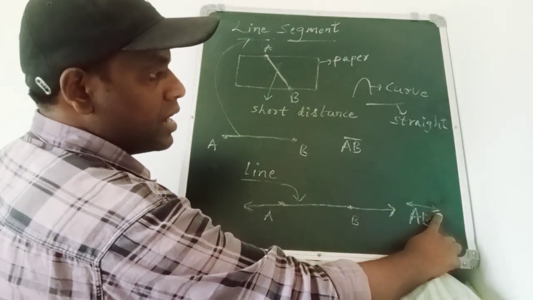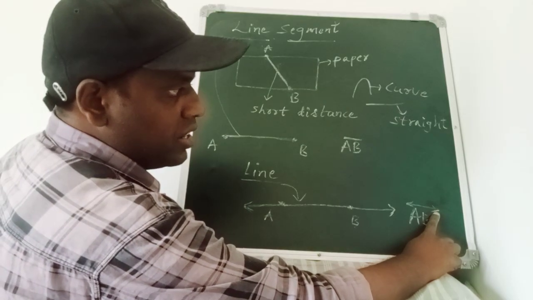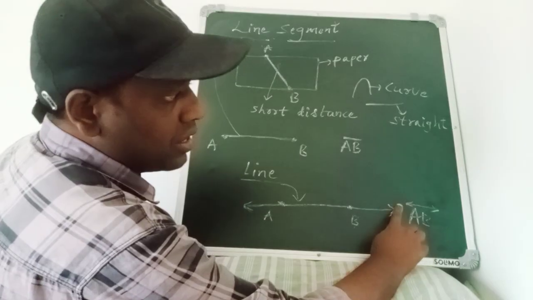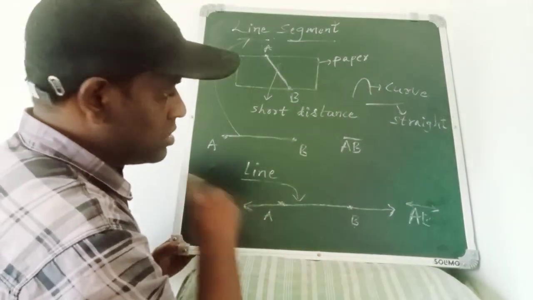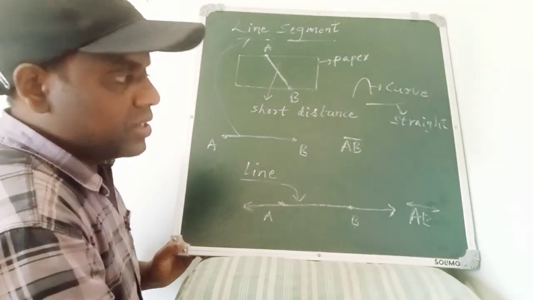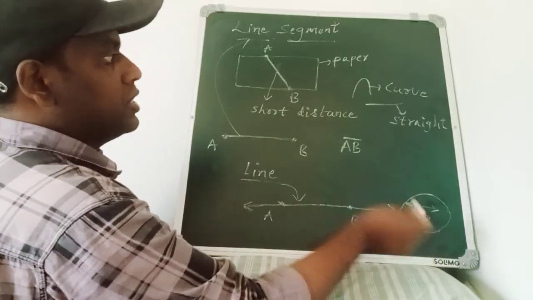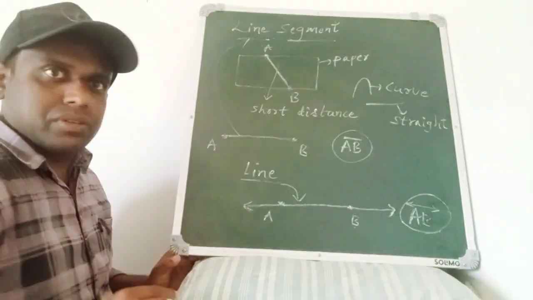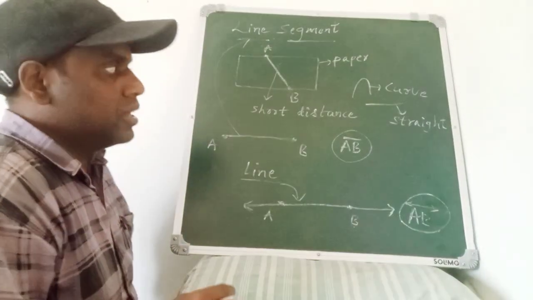The arrow marks mean this line is extending in one direction and also in the other direction, on both sides, indefinitely. So this is the line representation, and this is the line segment representation. I hope you got it.